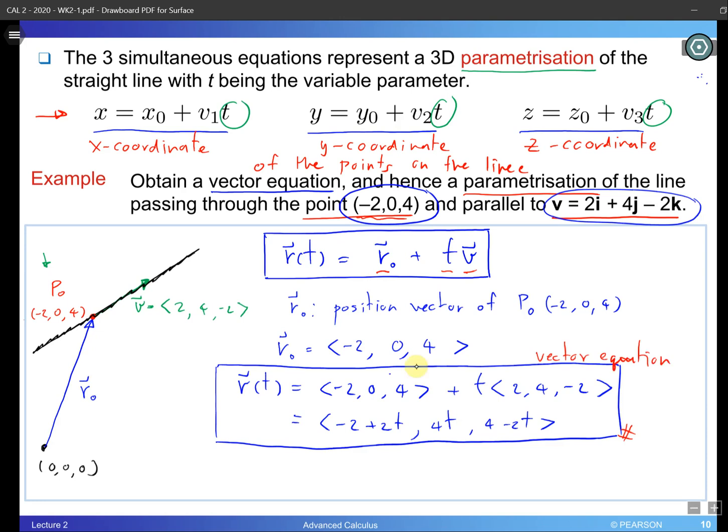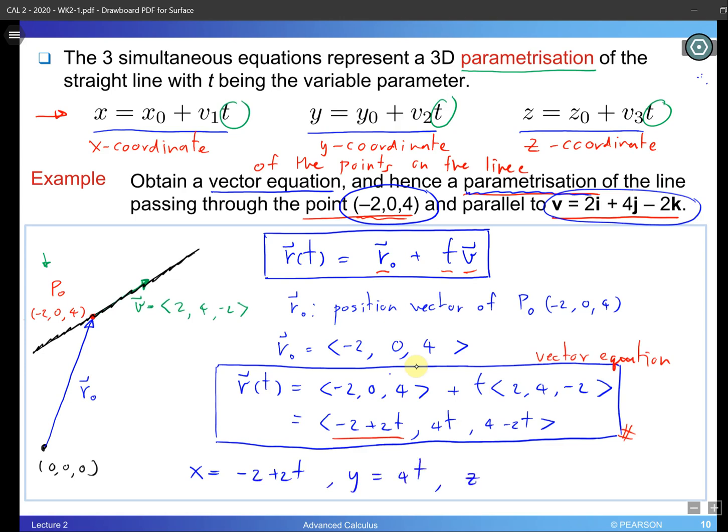Now we have to look at the parametrization of this line. All we need to do is to look at this vector equation component by component. So the x component would be equal to this, minus 2 plus 2t. Now for the y component, that would be 4t.